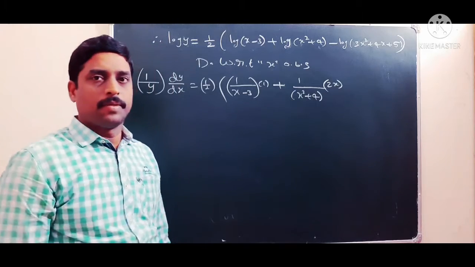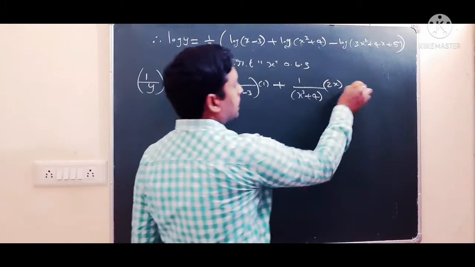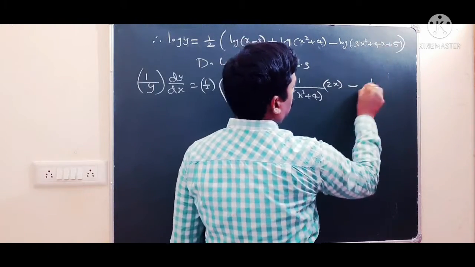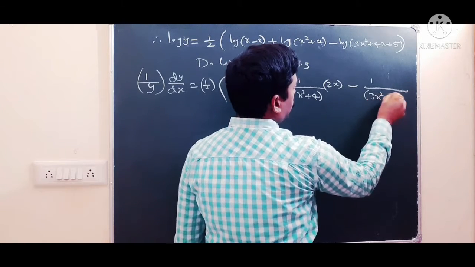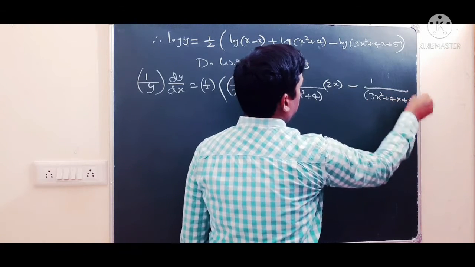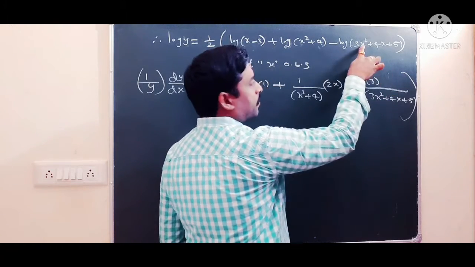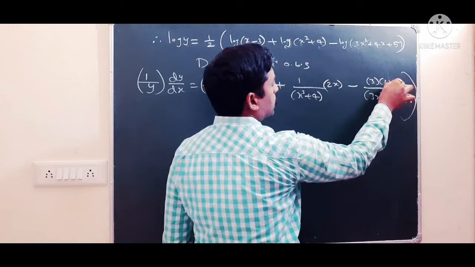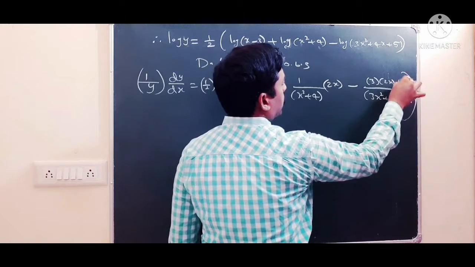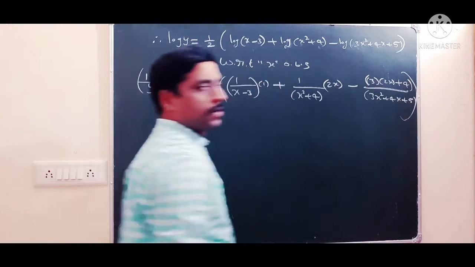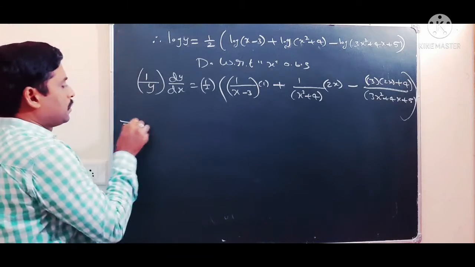Okay. By using the chain rule, in this one, differentiation of log function is 1 by the function, 3x square plus 4x plus 5, into the differentiation of 3x square plus 4x plus 5. 5 is a constant. Differentiation of x square is 2x and differentiation of 4x is 4. Okay. Let us do cross product.